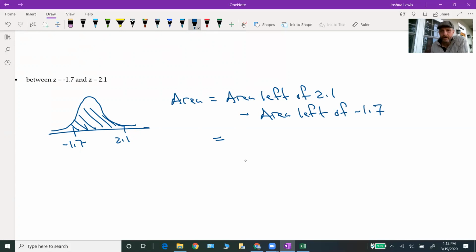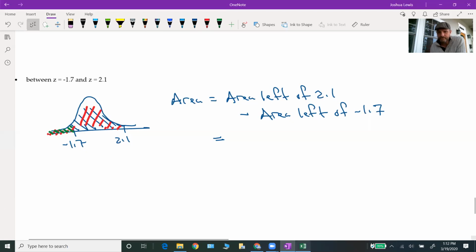The area left of 2.1, that's all this, but that gives me too much. And so then I subtract the area left of negative 1.7, which is just this little area, and I'm left with exactly what I want. So let's do that.